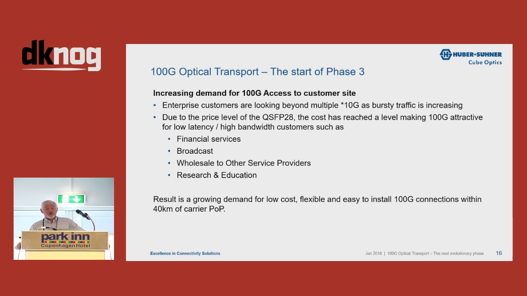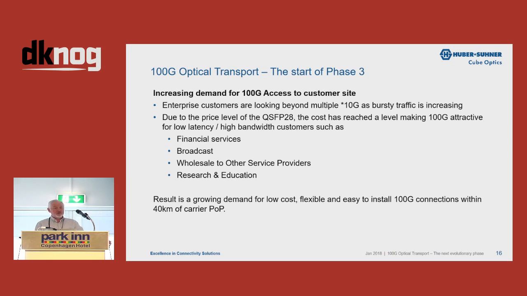Broadcasters, we're all streaming. Some people stream some things, Christian, and some people stream sports channels. But more and more stuff is going streaming. Maybe as a wholesale point to other service providers. Maybe as that link to that remote data center where you just need that 100 gig.